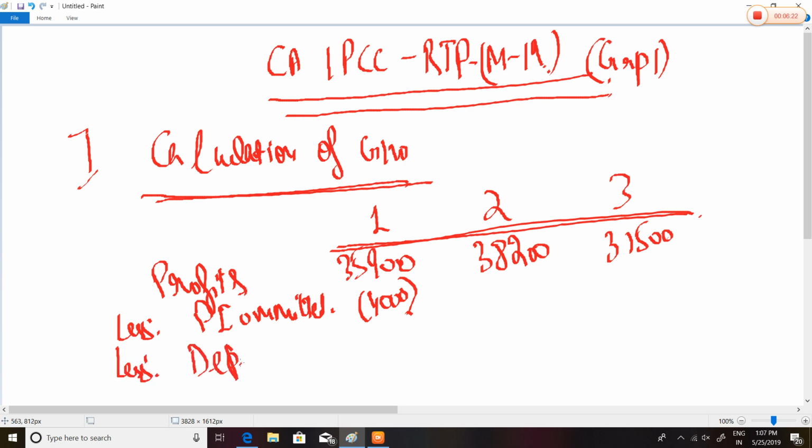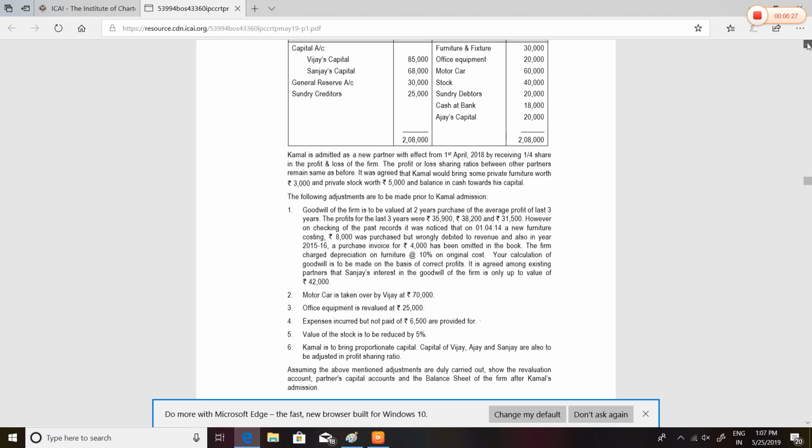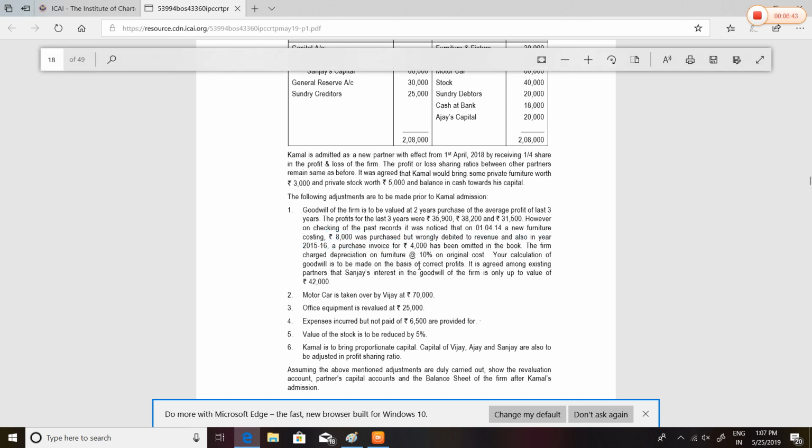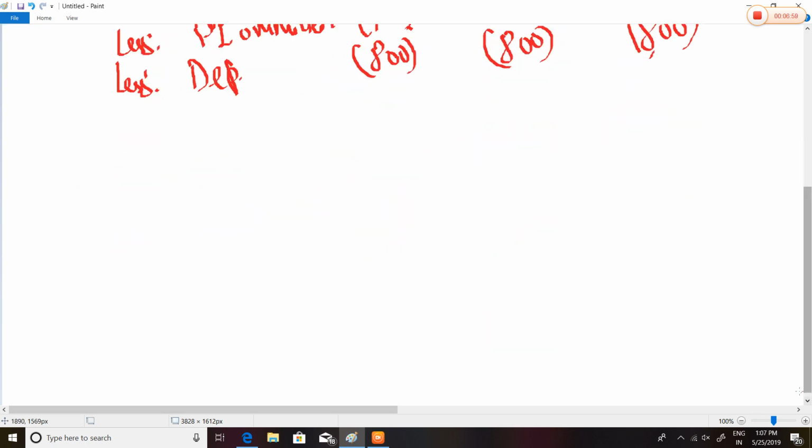Less depreciation. Now, how much will be the depreciation in this case? Let's see. Furniture 8,000, into 10% on the original cost. That means 800, 800 and 800 in total.